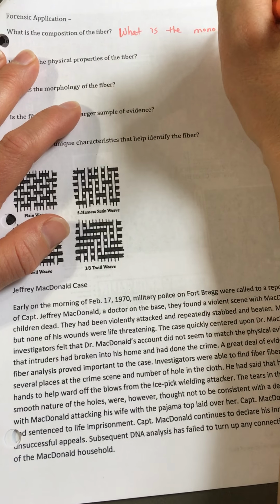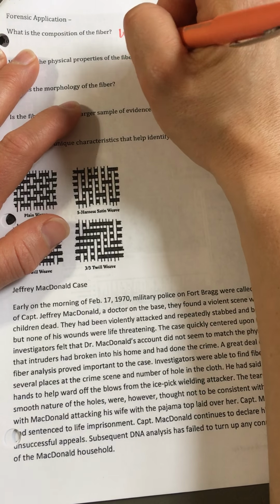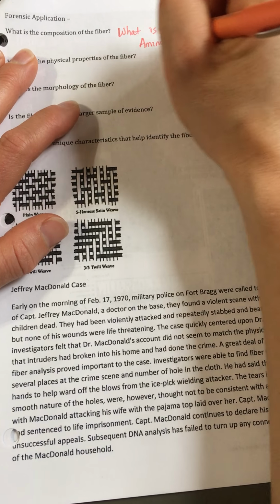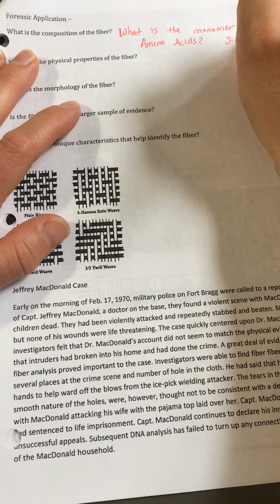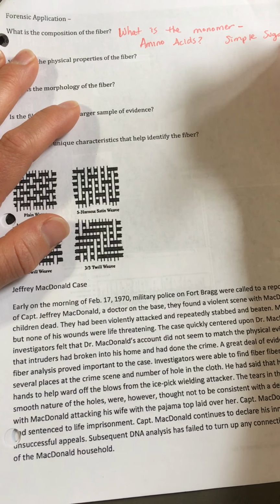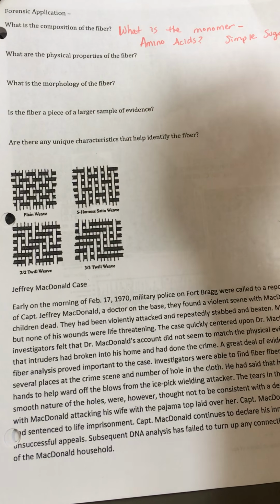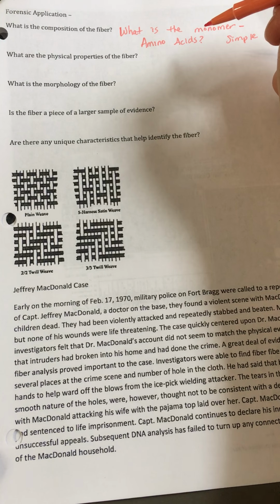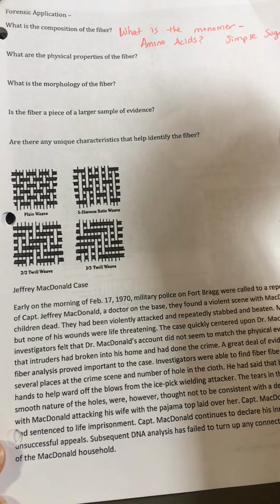Mono means single, so monomer would be the simple unit that makes it up. So is it made of amino acids? Is it a protein? Or is it made of simple sugars? Is it a polysaccharide? What is the unit that makes up all of these materials? So that's the first thing that needs to be determined: what is the composition of the fiber? Is it a protein? Is it a cellulose? What is it made of?